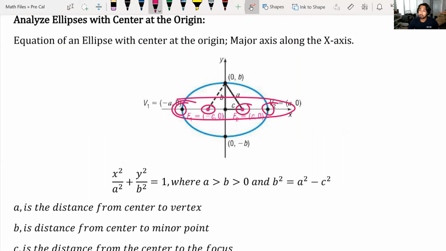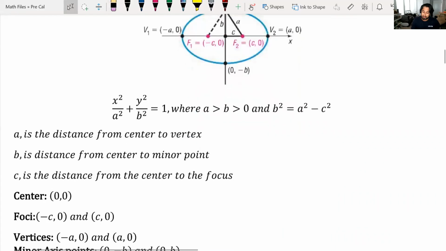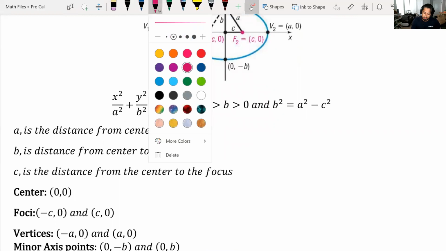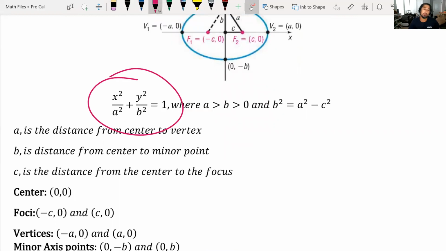So the major axis will always have vertices and foci. This is an ellipse with the center at (0, 0), and the major axis happens to be the x-axis.